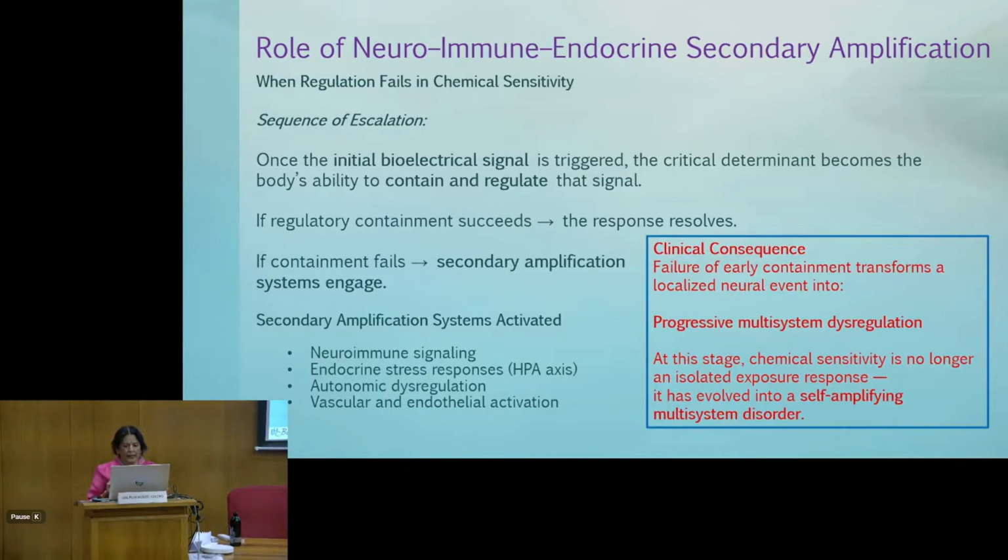And at this stage, chemical sensitivity is no longer an isolated exposure response.